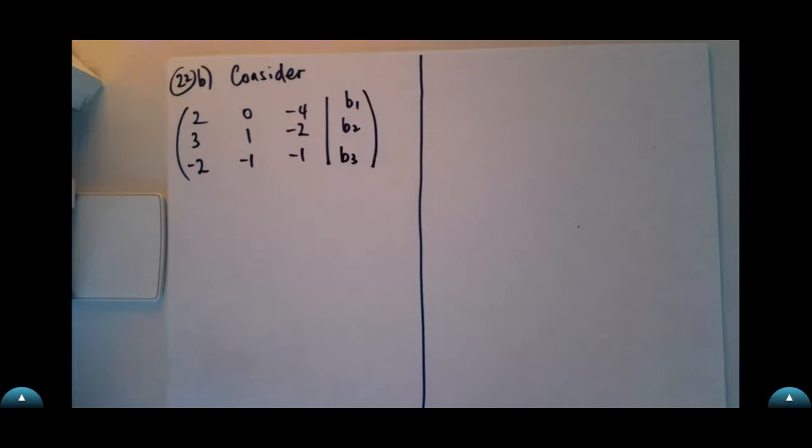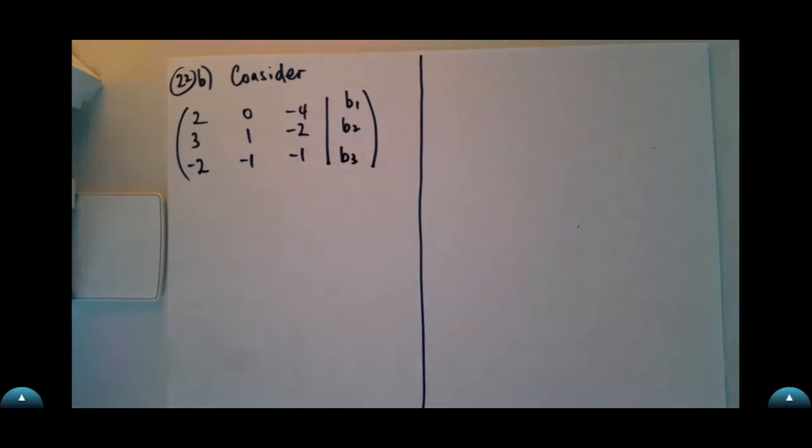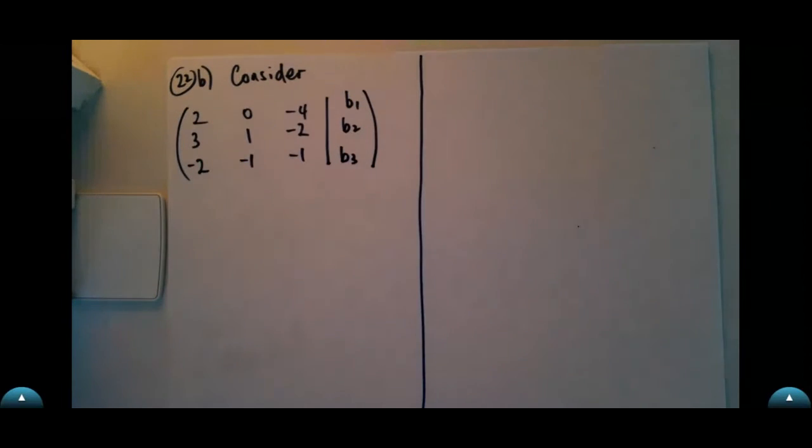Okay, so we're going to consider that. Okay, so can anyone suggest what our first row operation would be? This is not in row echelon form. Can anyone suggest on the chat what might be our first row operation? Who can tell me?